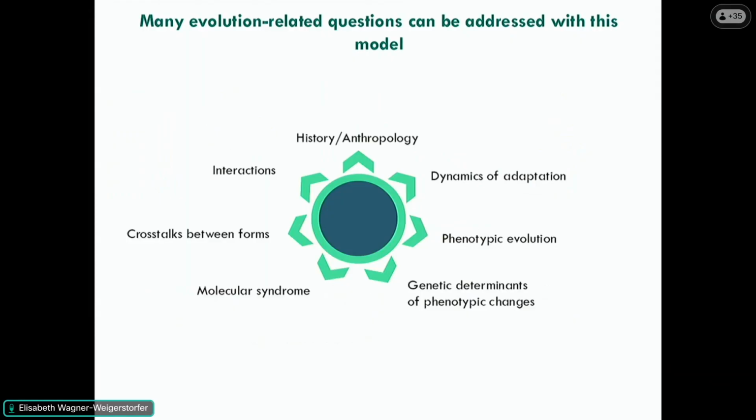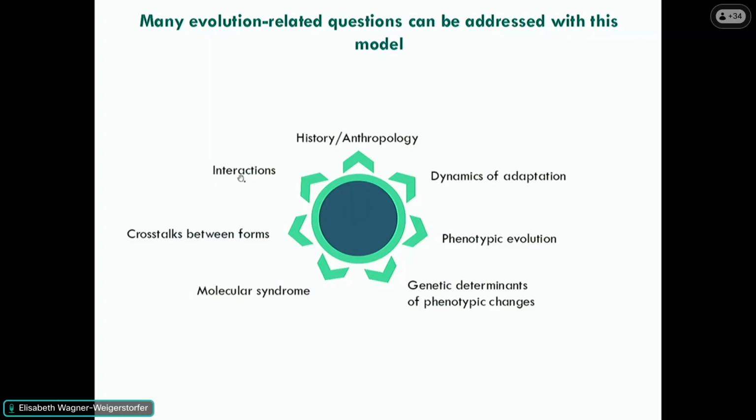So these questions can be related, for instance, to history and anthropology, but you can also ask questions about the dynamics of adaptation, about phenotypic evolution. I showed you there are many traits that have evolved, about the genetic determinants of these phenotypic changes, about the molecular syndrome, for example, the syndrome that is associated to this shrink in population size that I described earlier. You can also ask questions about the crosstalks between these forms that still exchange gene flow.